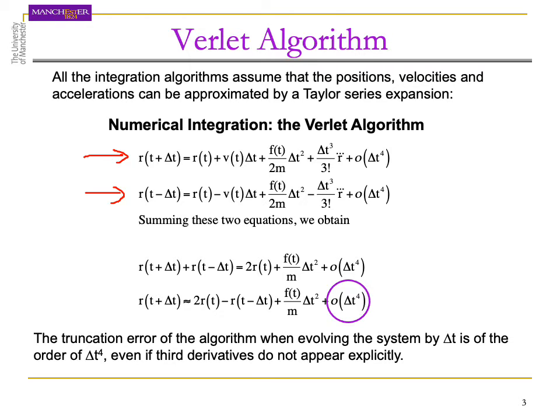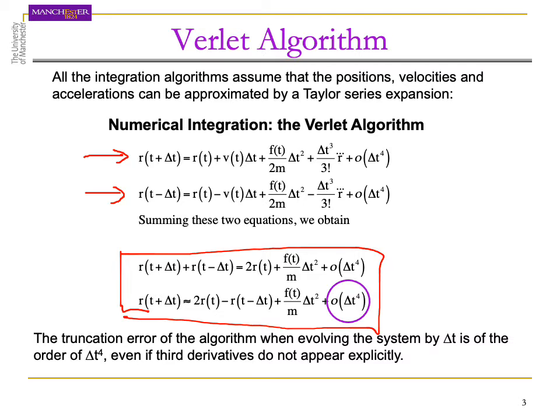If you sum these two equations, you obtain this formulation here. So with this equation, knowing the position of the atom at time t minus delta t, the position of the atom at the time t, and the total force acting on the atom at time t, we can calculate the position at the time t plus delta t.